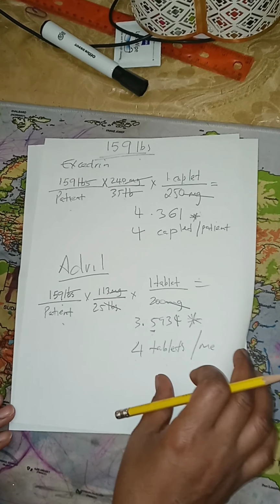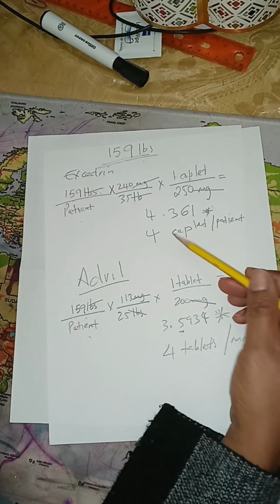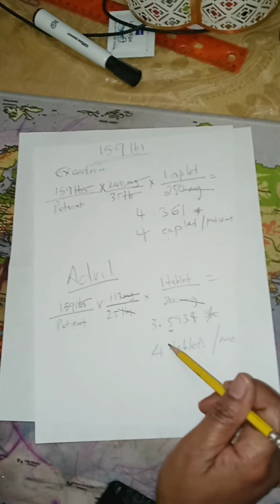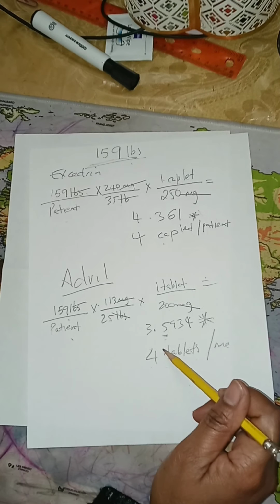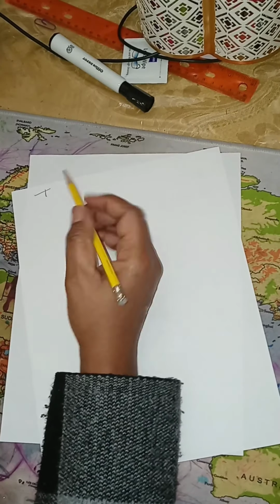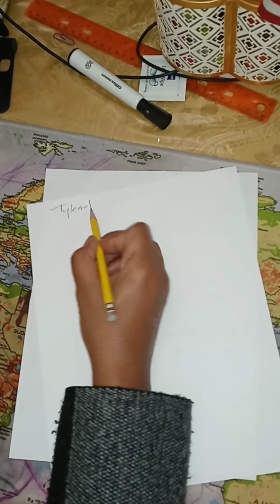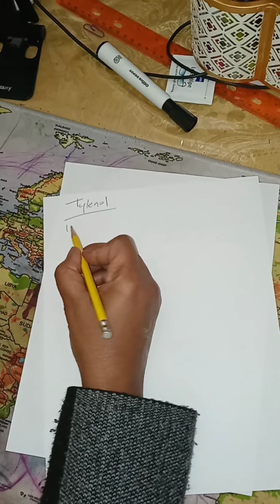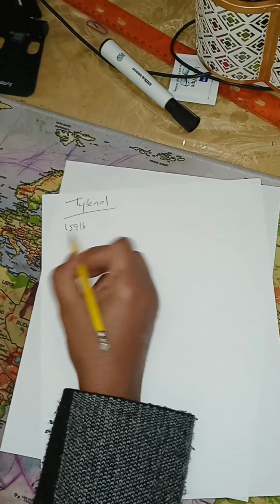Now, after working, for Exergen, 4 tablets is needed, and for Advil, 4 tablets is needed. Now I'm going to work Tylenol, which is the next one. Remember, 3 options. Tylenol. What was given? I'm 159 pounds.